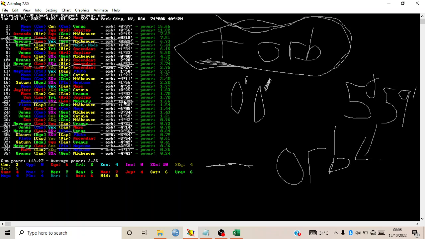So we've got a negative here, the 27th one, which is 4 degrees. And then we also have the 4th one, which is negative 18 minutes. Both of them are squares, and that doesn't really matter in what we're looking at right now, which is orbits.